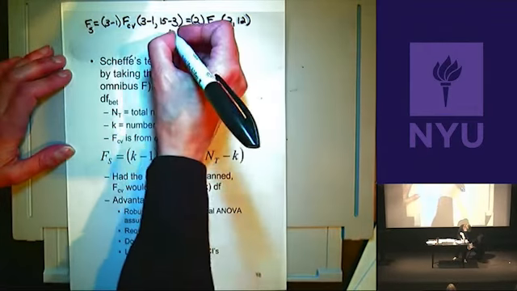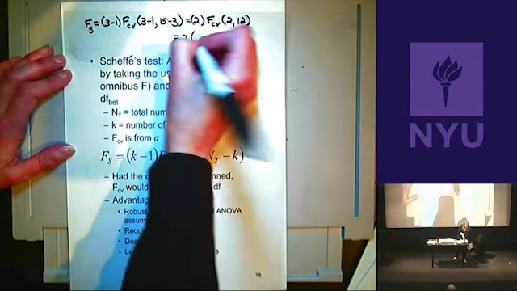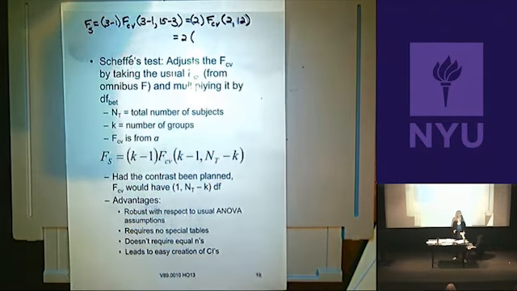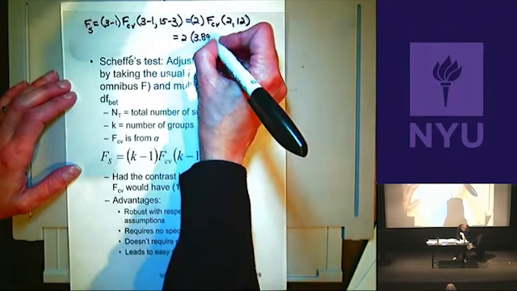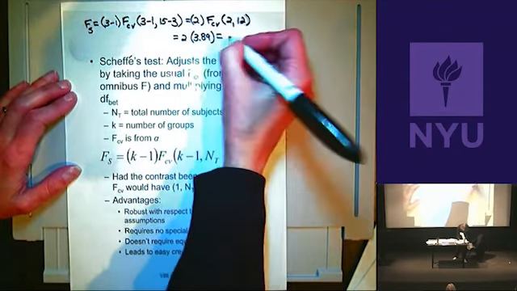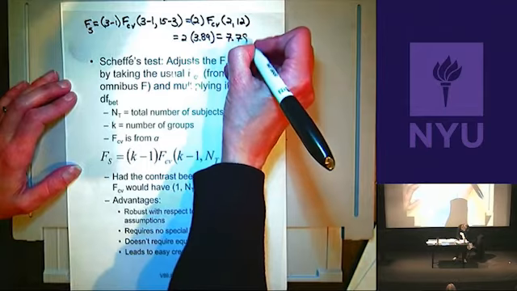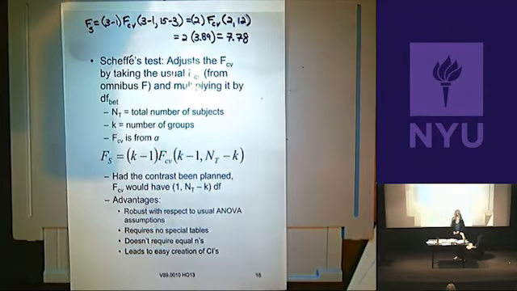So all it is is 2 times our original ANOVA critical value with 2 and 12 degrees of freedom, which was, I believe, 3.89. That's why I left it there before. So that's my Scheffé F for this contrast.